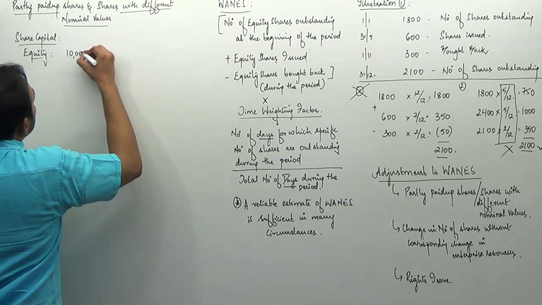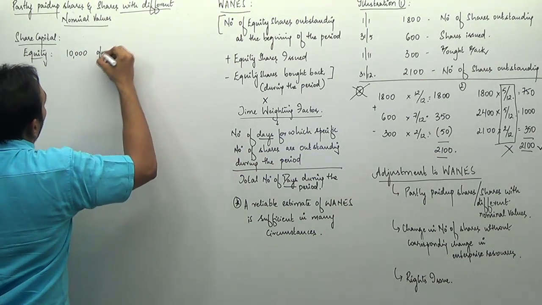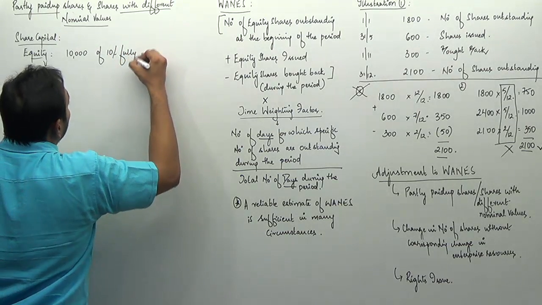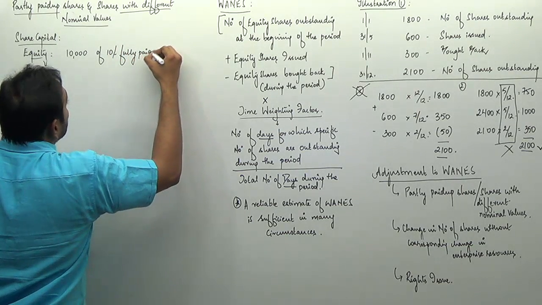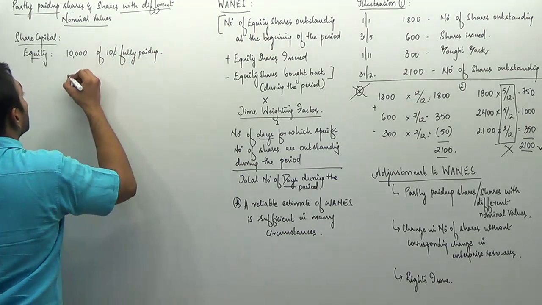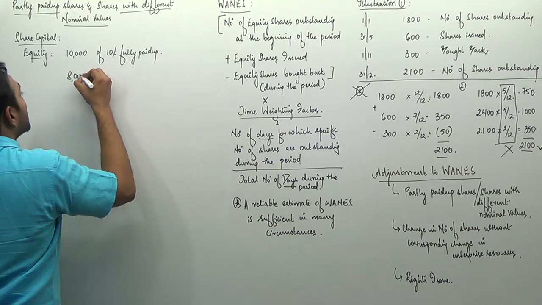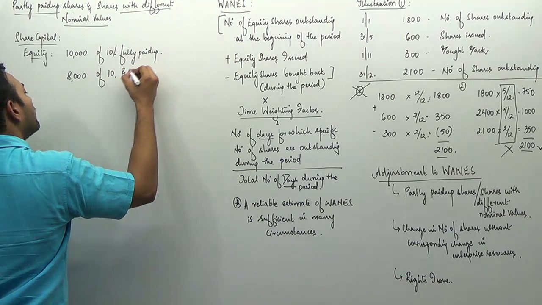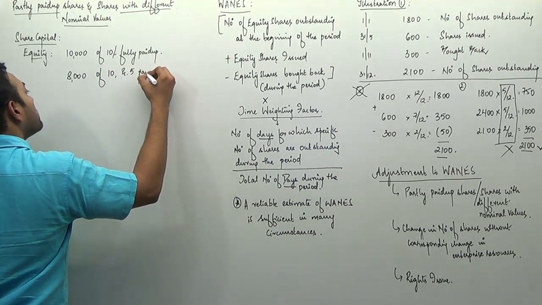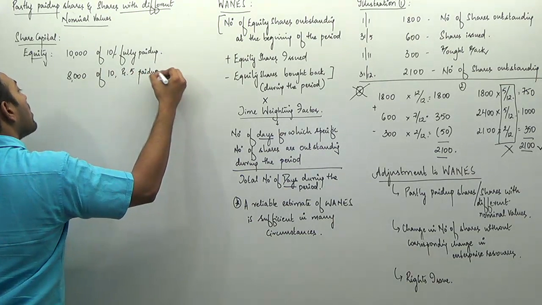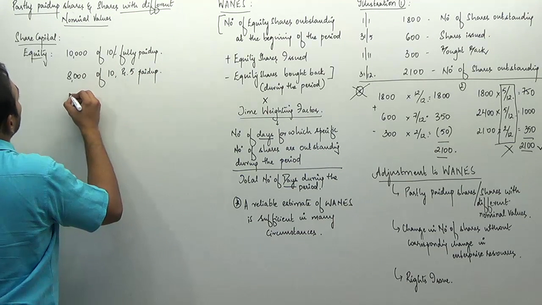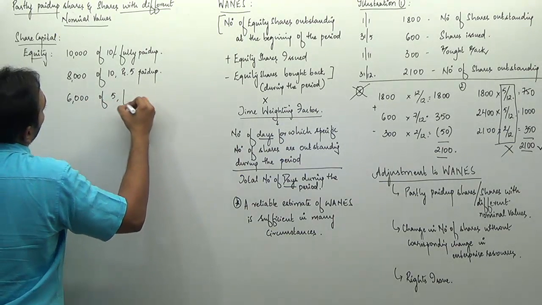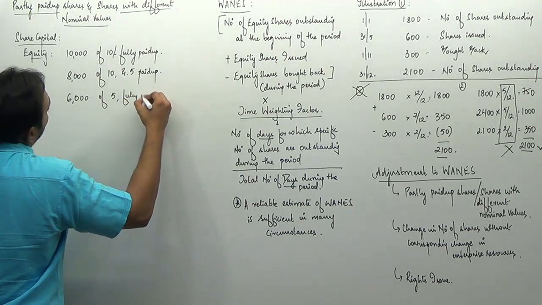I have 10,000 shares of 10 rupees each, fully paid up. And I have 8,000 shares of 10 rupees each, 5 paid up. I have 6,000 shares of 5 rupees each, fully paid up.